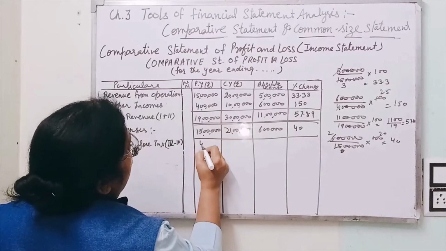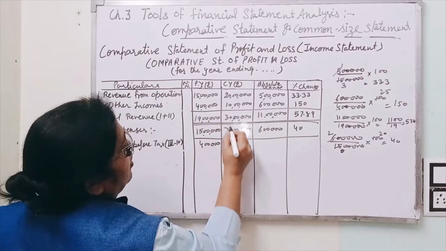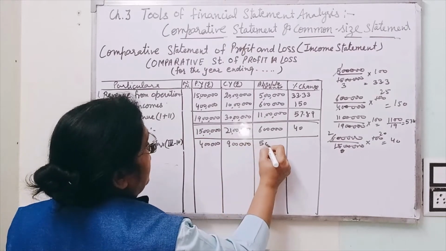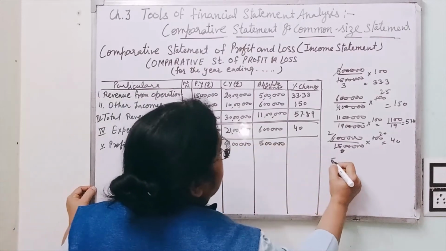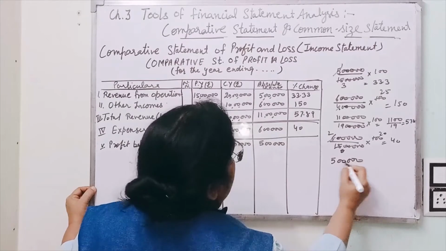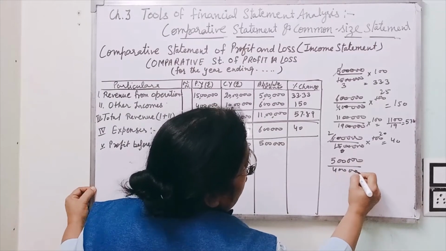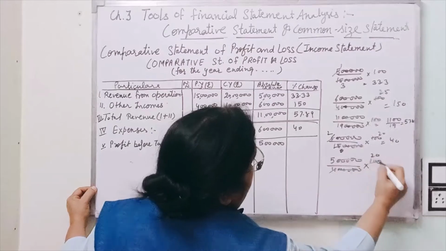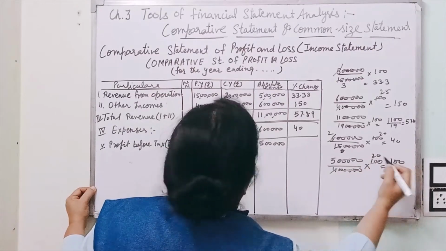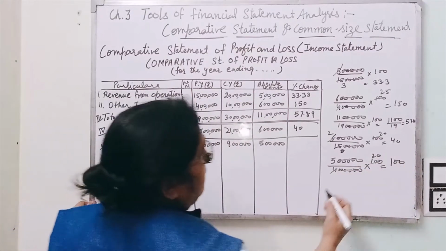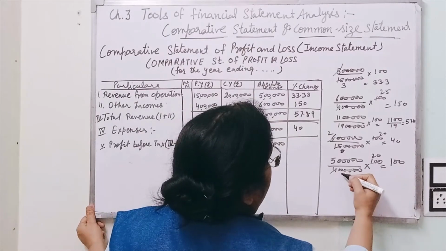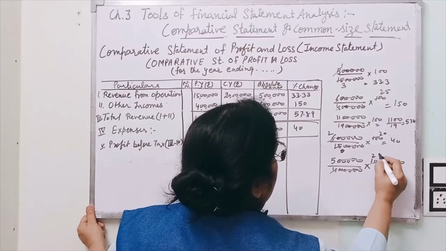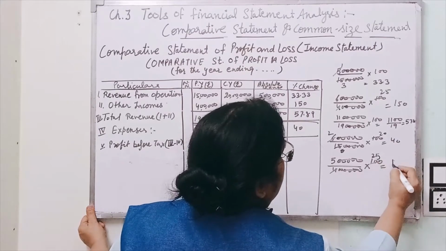It comes to 4 lakh and here 9 lakh. Difference is 5 lakh. Percentage change is 5 lakh upon 4 lakh multiply by 100. 125.